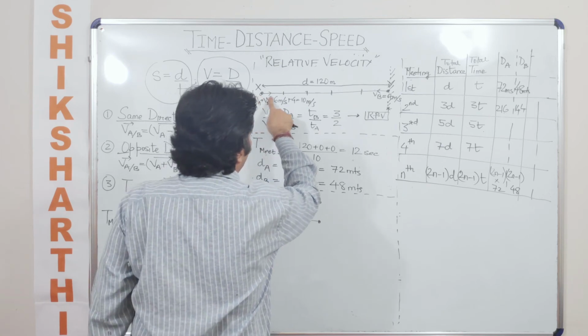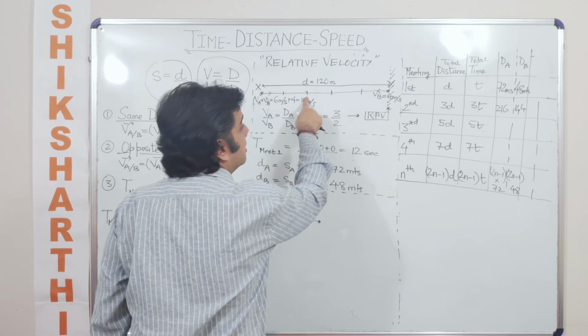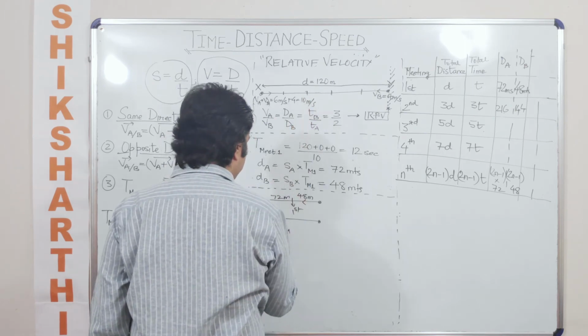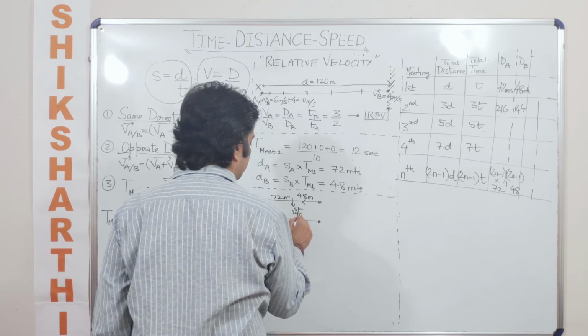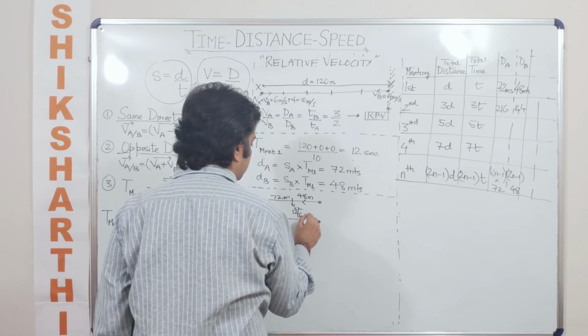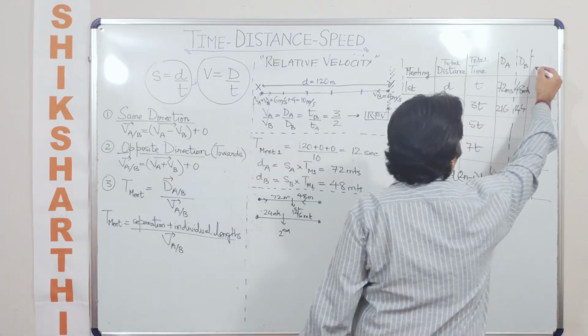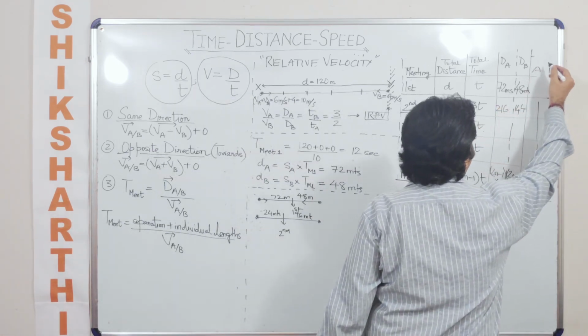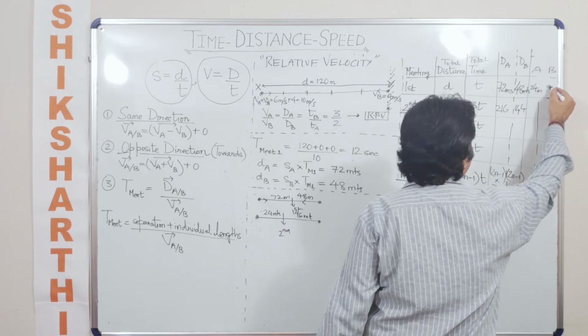So when A is covering 216, you need to take A how much backwards? 24 meters backwards. So in that case, this becomes 96 meters.